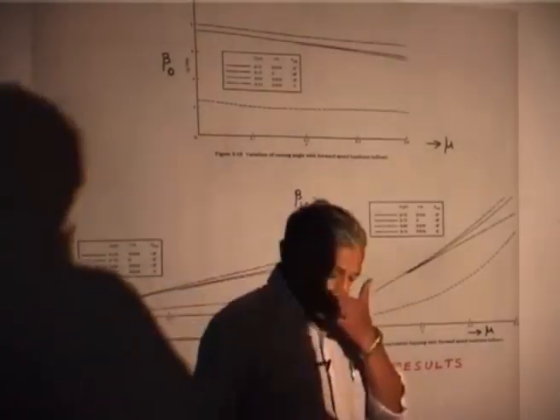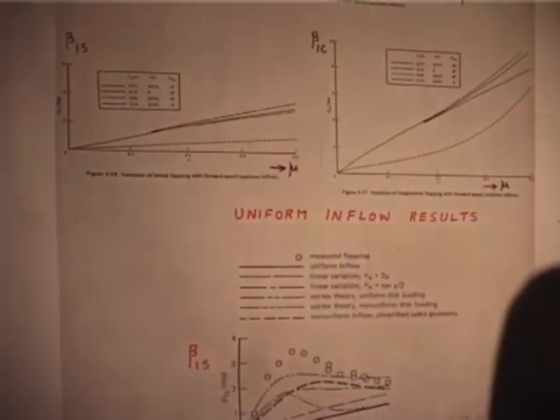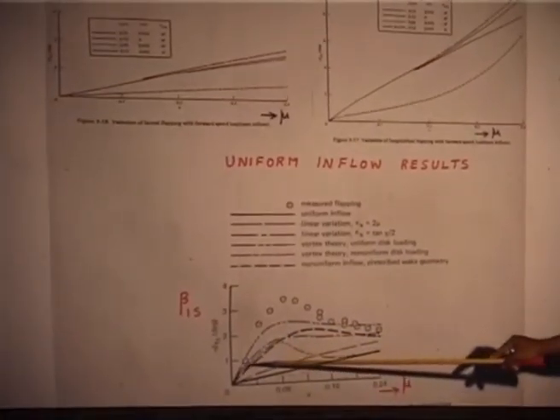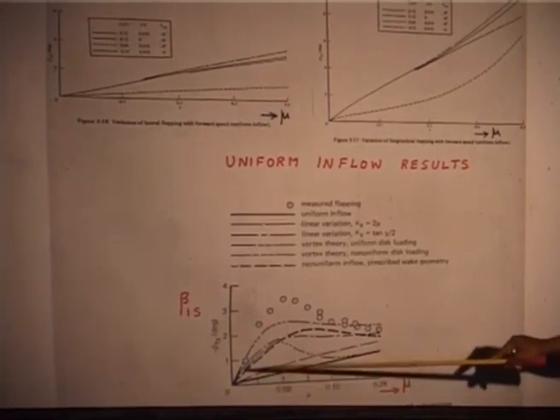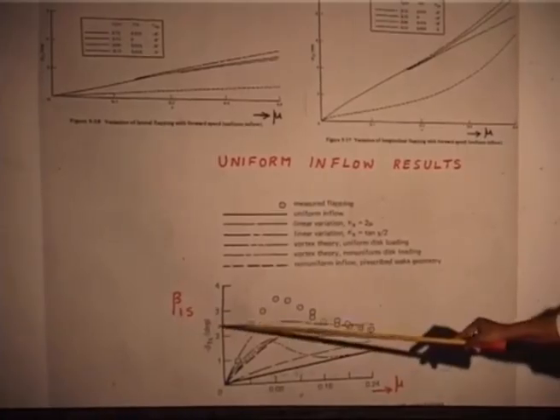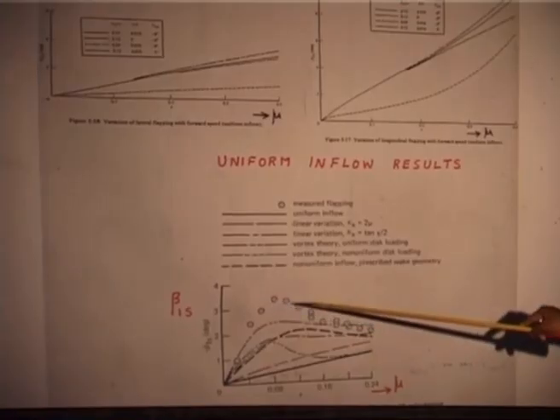This was a main point of research, even in the 80s; later I will show some other results. Some of the experiments show that at low values of mu, the lateral flap is about 2 degrees, 3 degrees, that is all. It goes up and then it decreases.